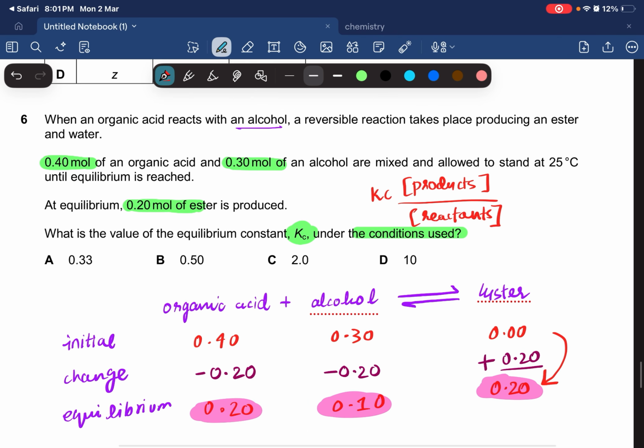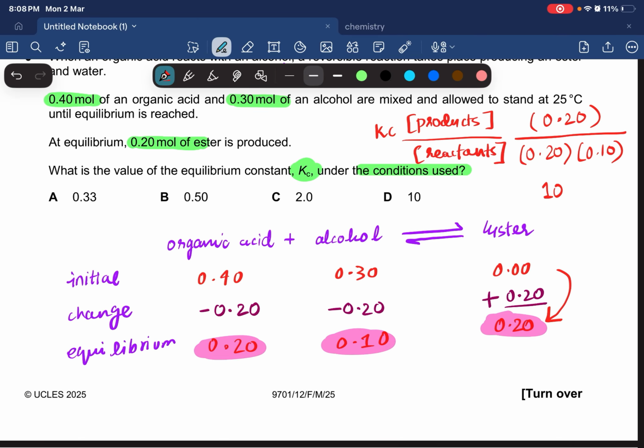So the product is ester, which is 0.20, upon the reactants, which are 0.20, the acid, and 0.10, the alcohol. Let's check what we get. 0.20 upon 0.20 times 0.10, and I get 10 as my answer.